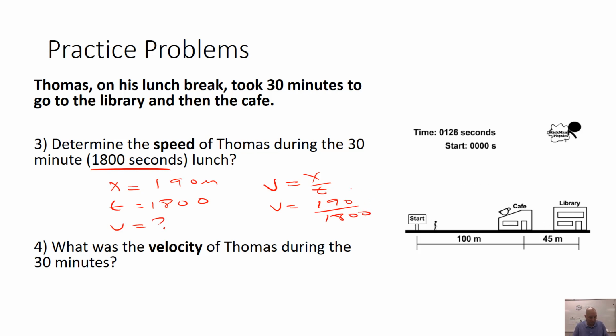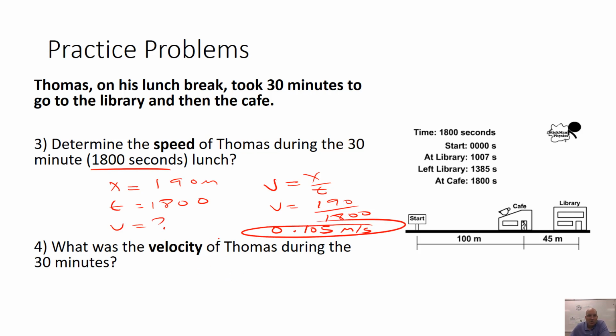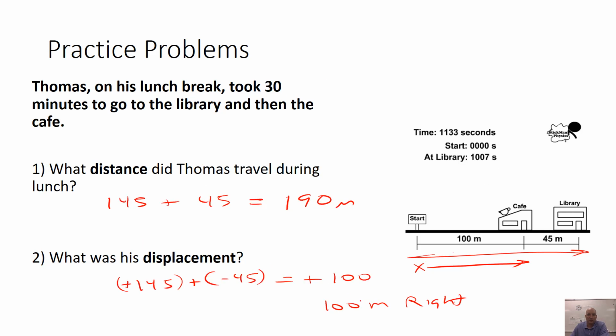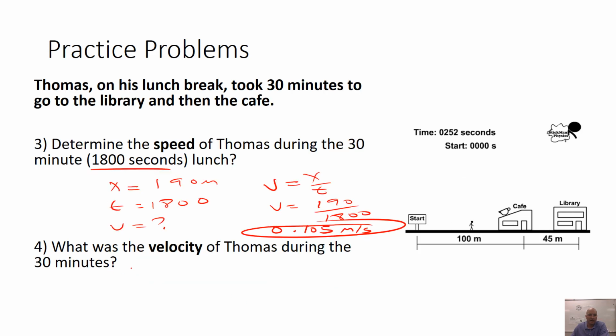And when we type those numbers in, we get 190 divided by 1800. We get an answer of 0.105 meters per second. What was the velocity of Thomas during the 30 minutes? Well, now we're going to go ahead and pull the 100 meters right as our x.